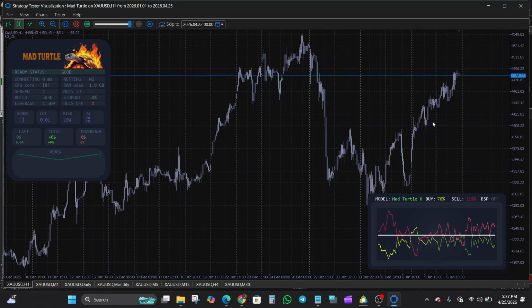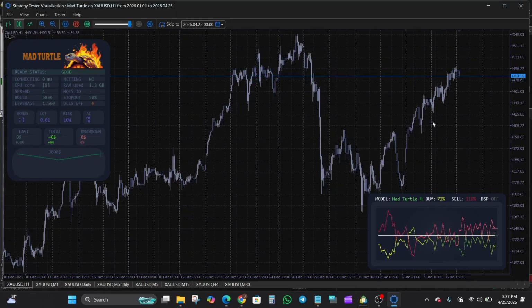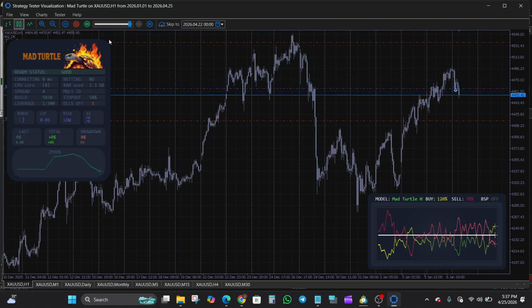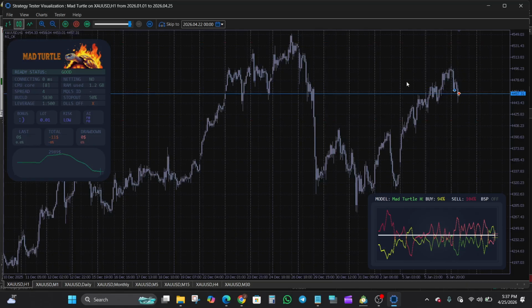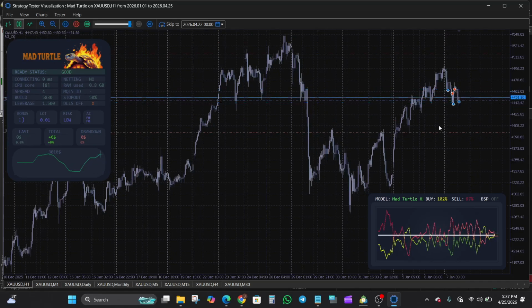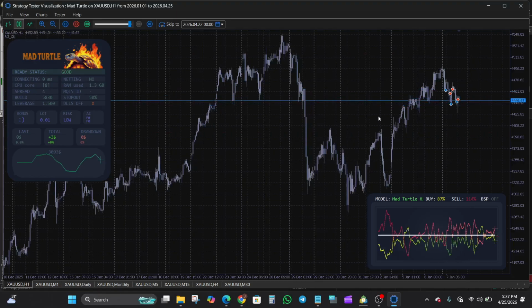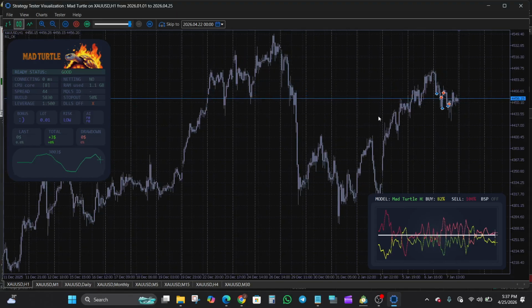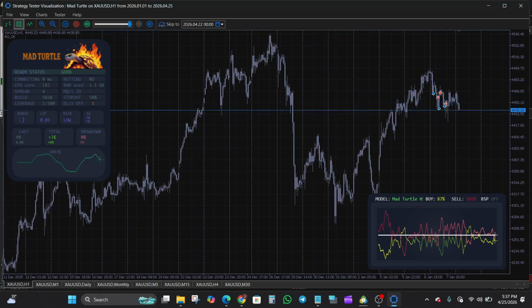Given how the system works, it's not trying to catch small moves, right? It's aiming for larger directional swings. And as we can see, the first trade has already been executed. So entries might seem less frequent, but more deliberate.